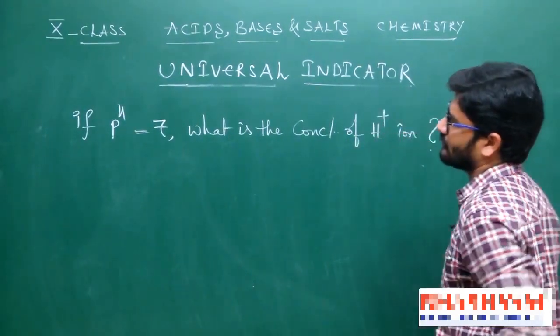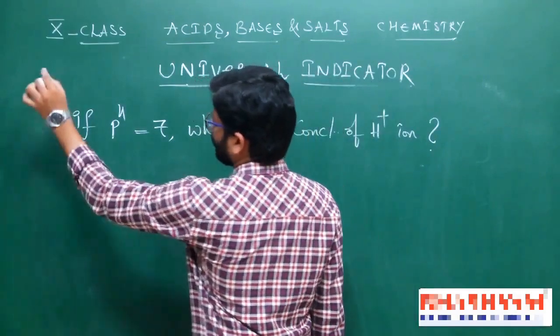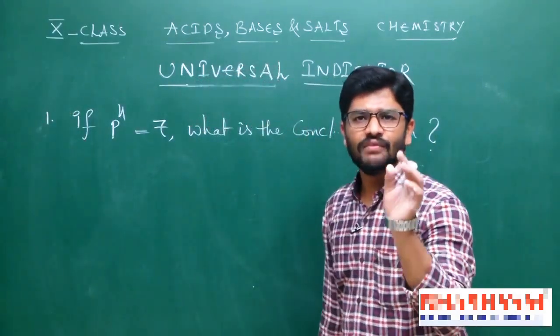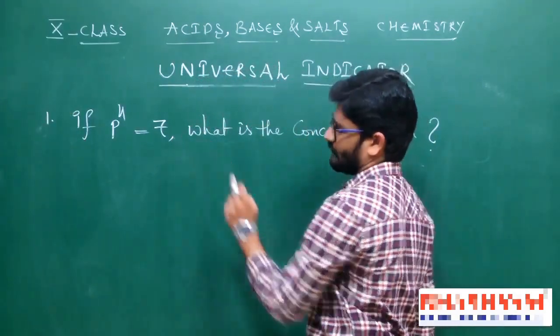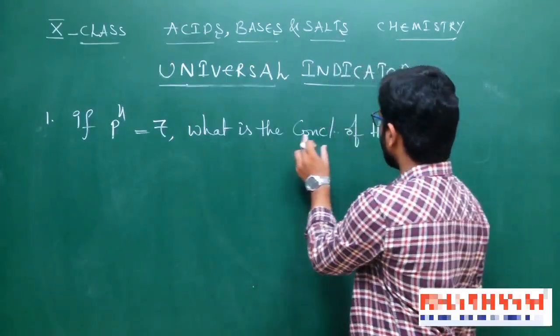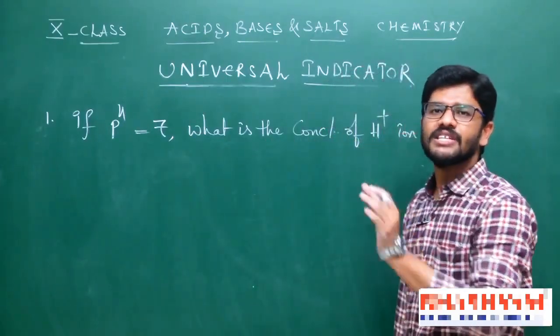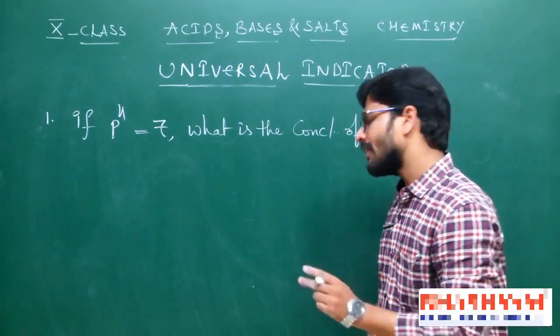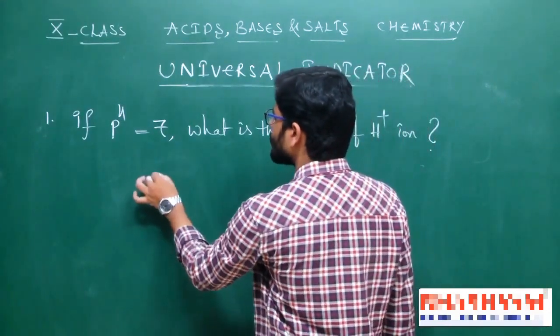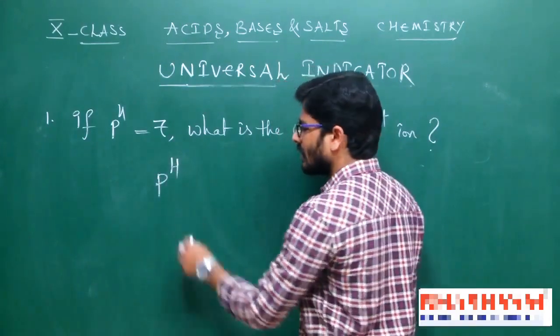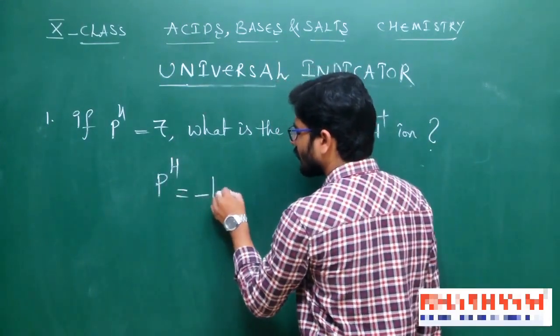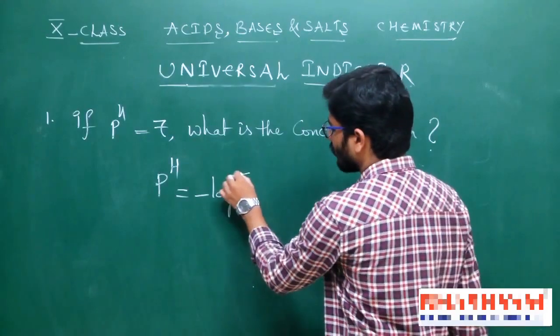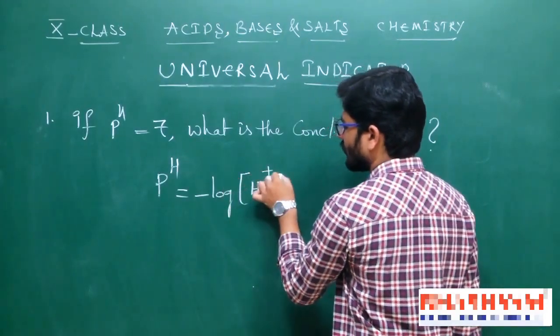This is the question. If the pH of the substance is 7, what is the concentration of H plus ion? We know that mathematically, pH is nothing but the negative logarithm of the concentration of H plus ions.